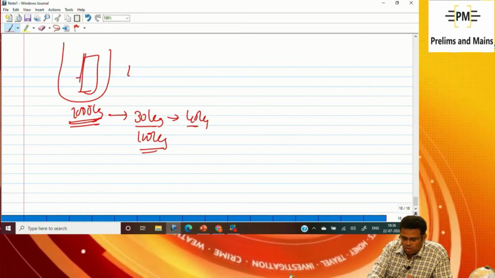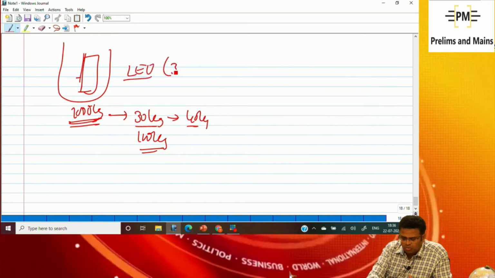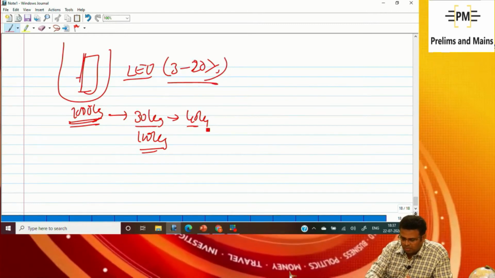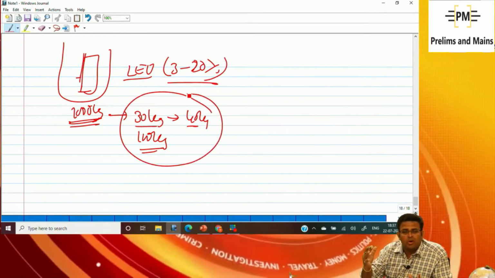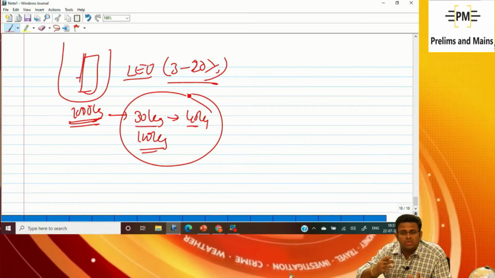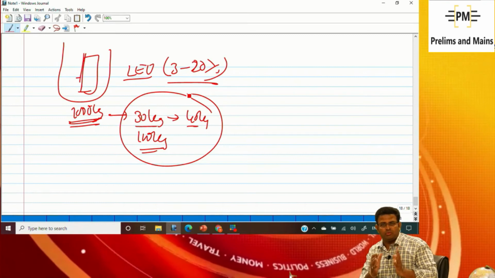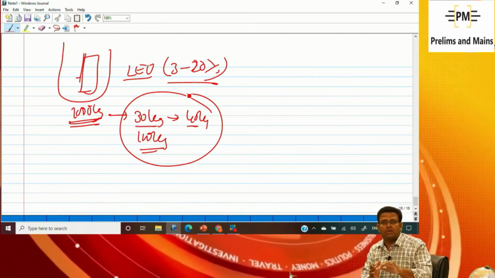Low enriched uranium, 3 to 20%, is utilized in the nuclear reactor to start it. I need a good amount of mass to start the chain reaction, because otherwise after some time the energy ends; uranium-235 should not finish after a certain period.